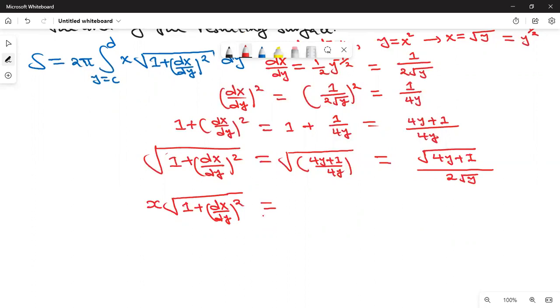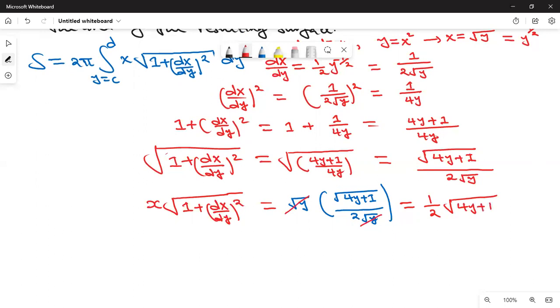We said x is the same as root y, so that would be root y times the square root of 4y plus 1 divided by 2 root y. So this will cancel with this one. So it is simply 1 over 2 times the square root of 4y plus 1.